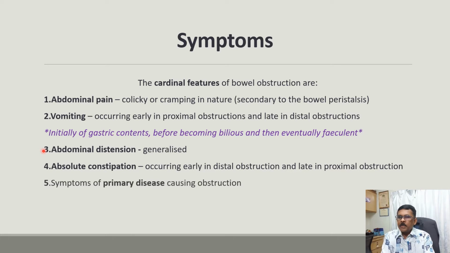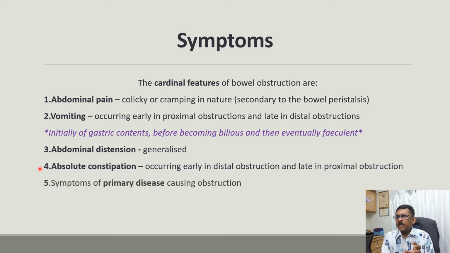Abdominal distension is another important symptom, and it is usually generalized abdominal distension and bloating. Absolute constipation, that means the patient is not able to pass stools, unable to pass flatus as well. That is absolute constipation.